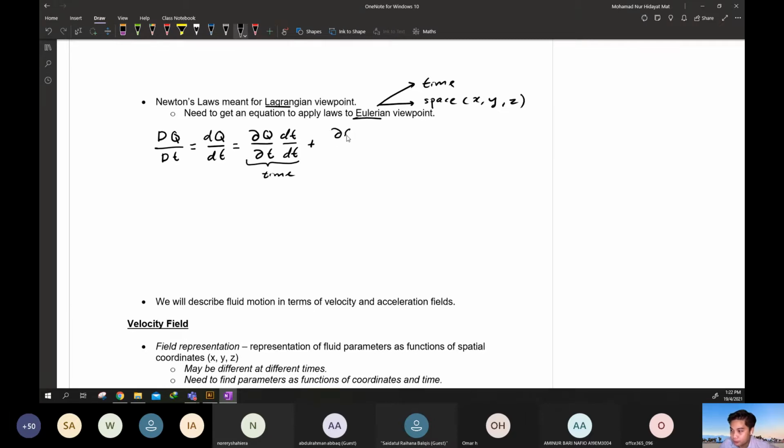The partial derivative of Q over the partial derivative of t. But in this case, it is quite different. Why is it different? Because we are going to use the chain rule.